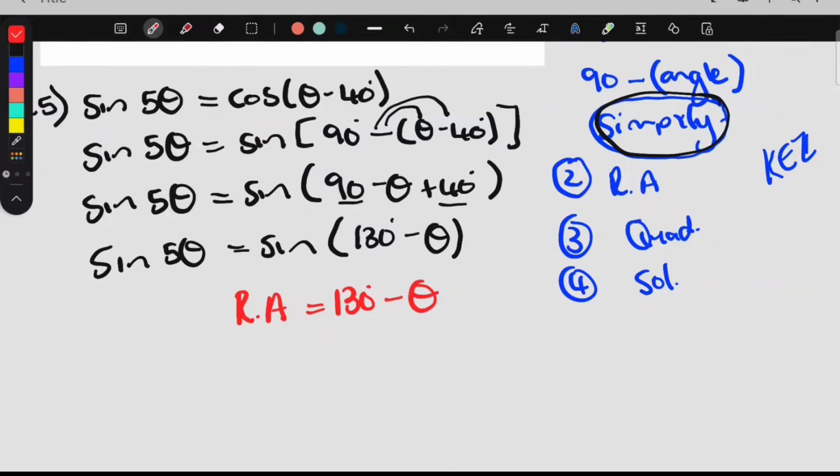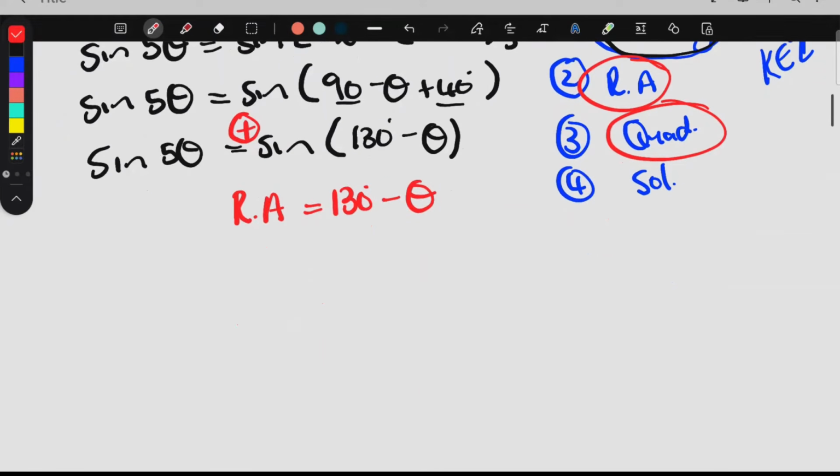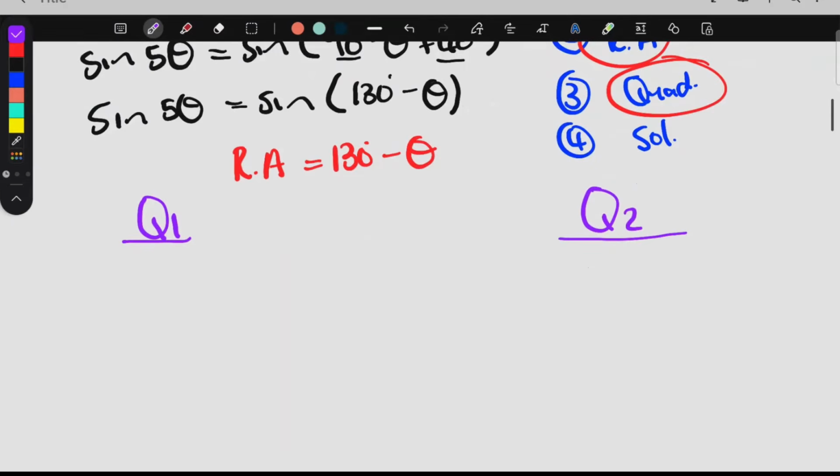Okay, so now I'm going to choose the quadrant. So I have the reference angle. Let's choose the quadrant. So do you see here, the sign in front of sine? It's a positive. So I'm going to look where is sine a positive. So sine is a positive in quadrant 1 and quadrant 2. So when I start with my solution, I start with this angle.